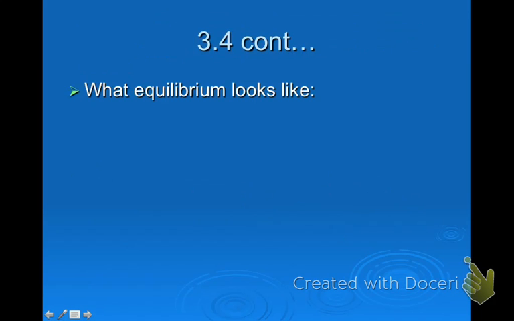Let's talk about what equilibrium looks like. Equilibrium, by definition, is when the rates of the forward and backward reactions are equal.